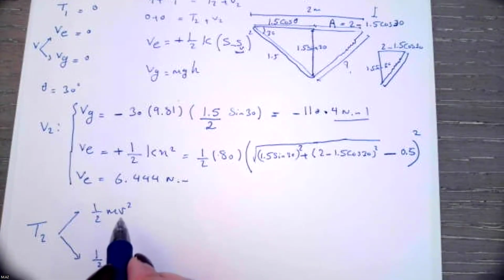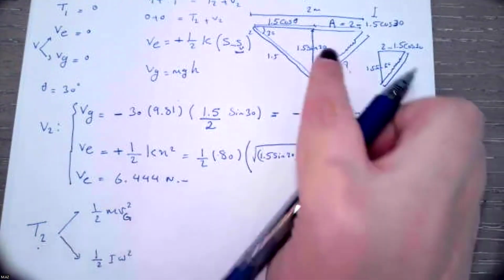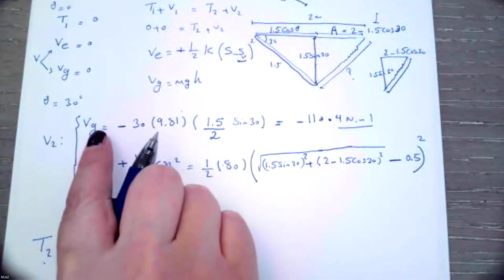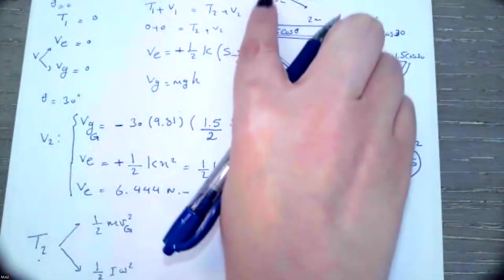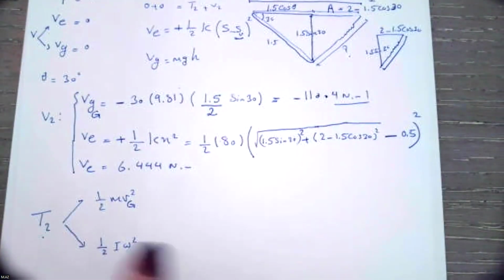But we are working with a rigid body. We should know at which point we are applying the kinetic energy. We are applying it at the center of this rod, because we found the gravitational potential energy at the center of mass, the center of gravity G of the rod. For this reason, these two components should be written based on the center of the rod. We should modify them. But how about the omega? The omega for the entire rod has the same value.